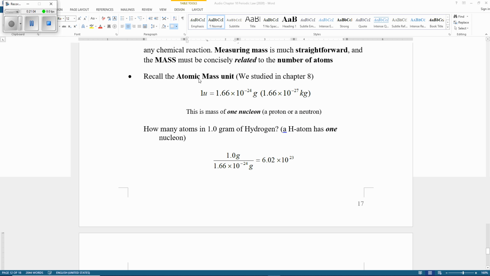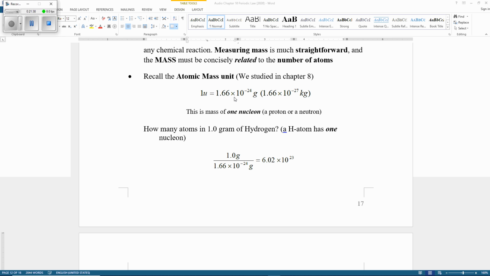Now let's remember we studied the atomic mass unit, that is u. 1 u equals 1.66 times 10 to the power negative 24 gram, or negative 27 if you use kilogram. This is the mass of one single nucleon, proton or neutron. They're almost the same mass.